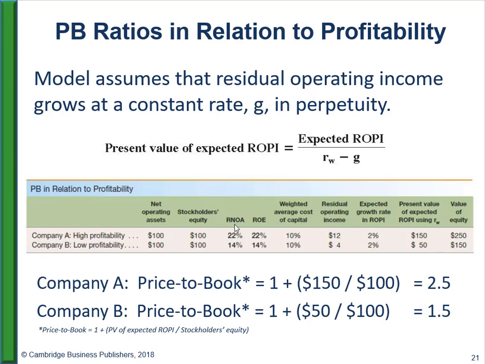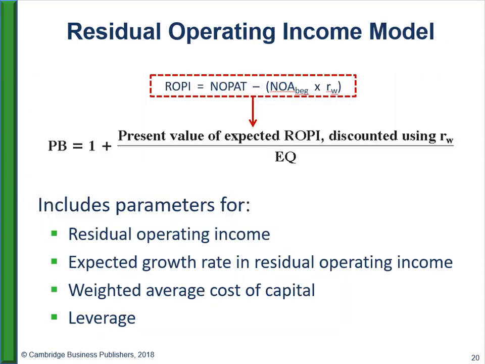We have stockholders' equity, return on net operating assets, ROE, weighted average cost of capital, residual operating income, expected growth rate in ROPE, present value of expected ROPE using our cost of capital, and then lastly the value of the equity.